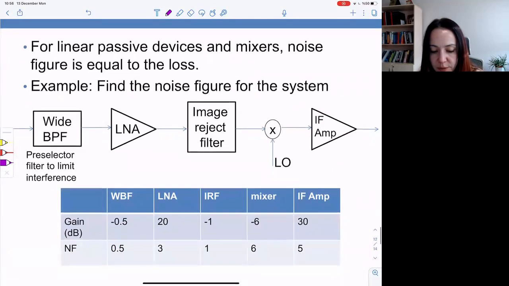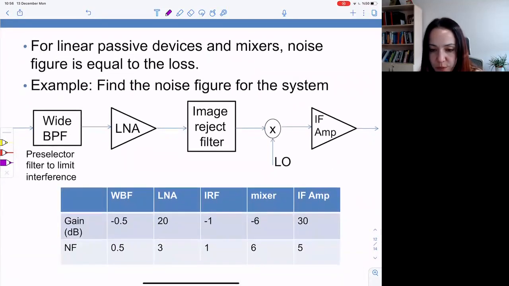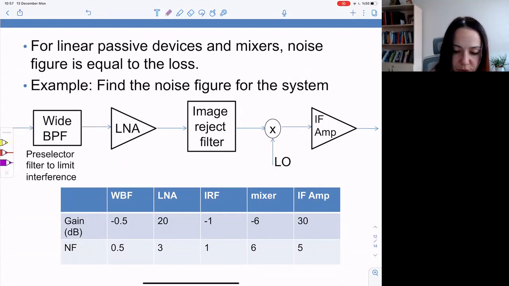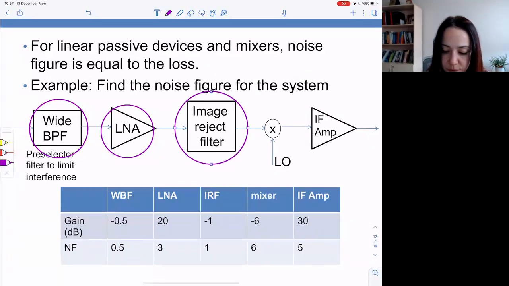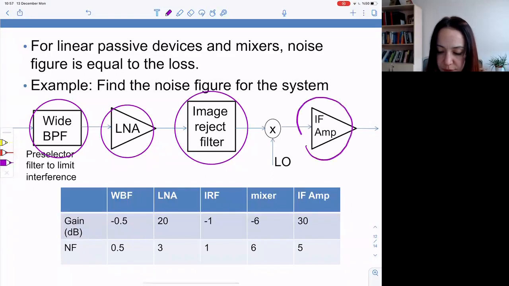Now, here is an example of several components. There's a wide bandpass filter, a low noise amplifier, an image rejection filter, and an IF amplifier after the local oscillator.